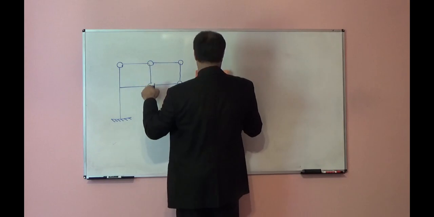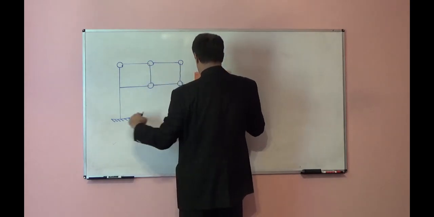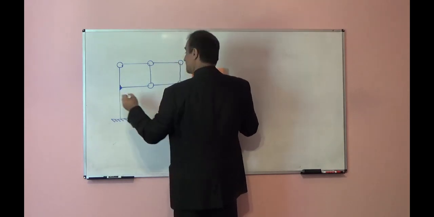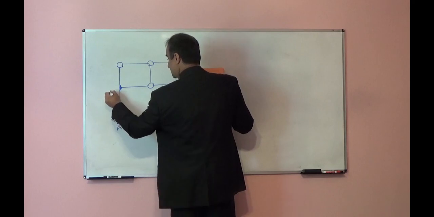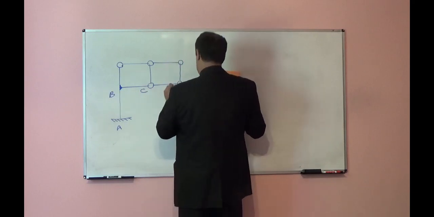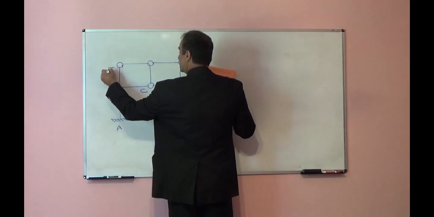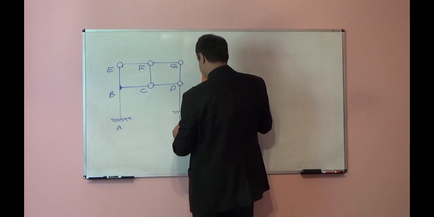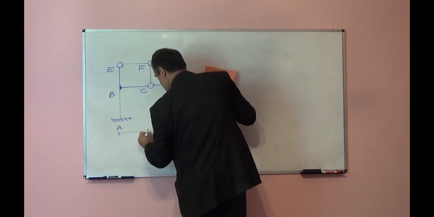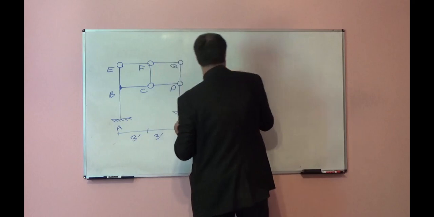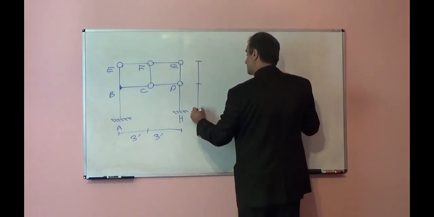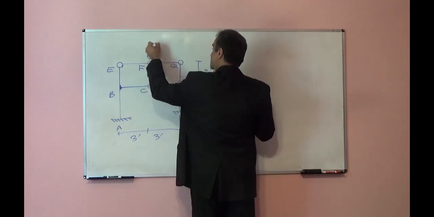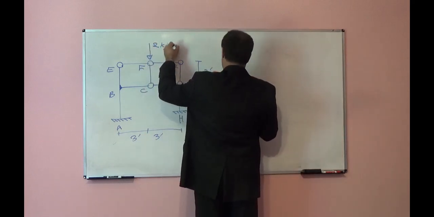This is hinge, hinge, hinge, hinge, hinge, fixed support, and this is a rigid joint. Points A, B, C, D, E, F, G, H. Dimensions are 3 feet, 3 feet, 2 feet, 2 feet. We apply a force here, it is 2 kips.